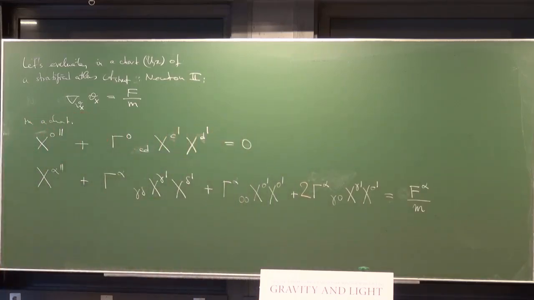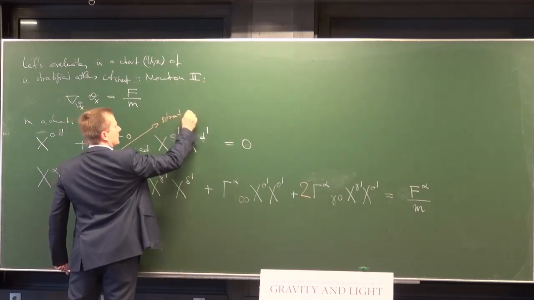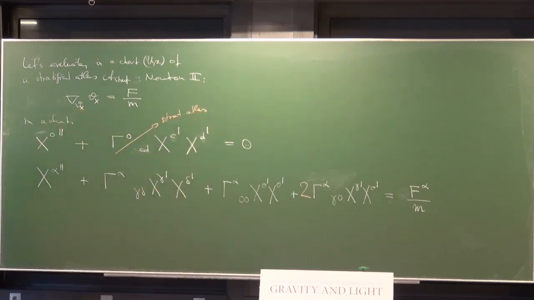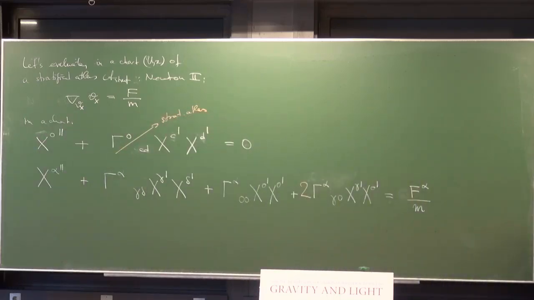So this is Newton's second law written out. What on earth do we learn from that? This isn't even time. This is an arbitrary parameter. Well, in a stratified atlas, this guy goes out. So in a stratified atlas, we can immediately conclude x0 double prime of the parameter lambda is 0, meaning x0 of lambda equals a lambda plus b for constants a, b.